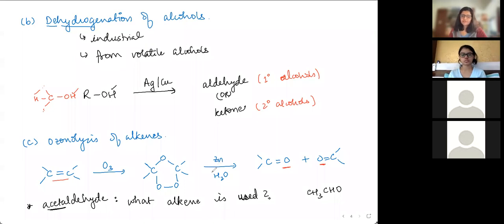So work backwards from here. I want CH3CHO, so put that on the product side. Here I need CH3, CHO. This is the product I want, and I want only this, so both compounds should be this. Reverse engineer: what should my alkene be? Remove the oxygen and figure out what you get.